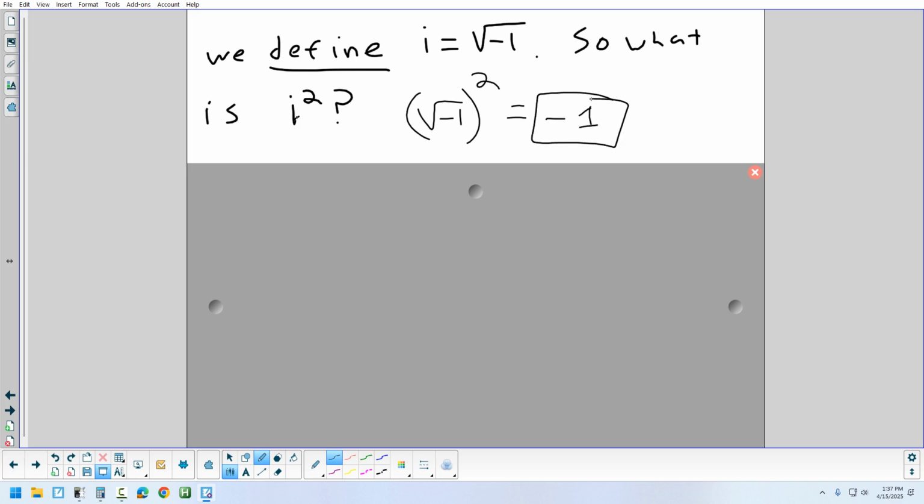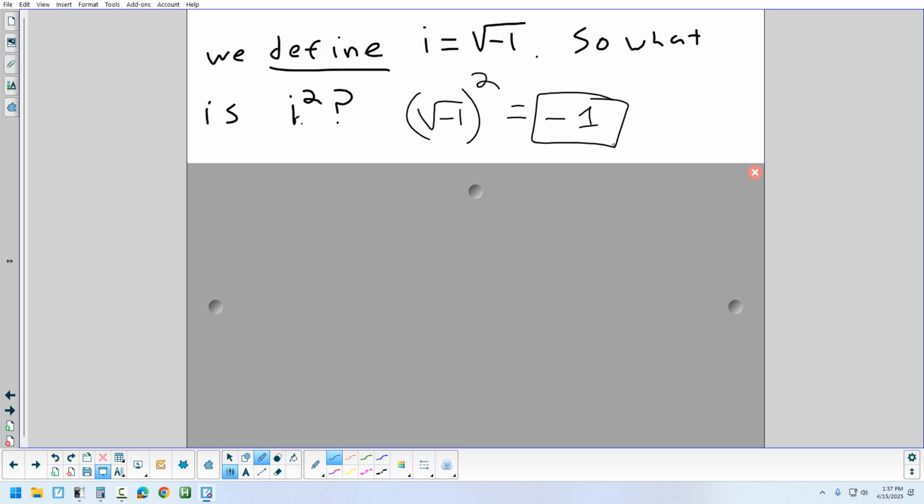Yes. And that's important because when we do multiplication, we're going to end up with i squared in a lot of the problems. If you leave i squared in the final answer, it's wrong. i squared always changes to a negative 1. Can we get partial credit? It depends.